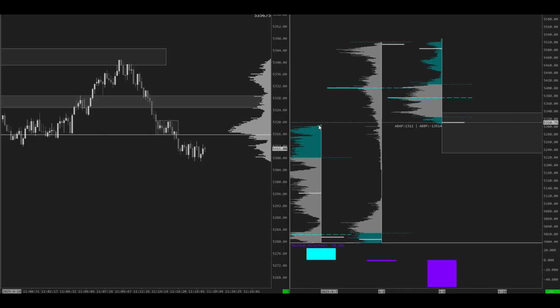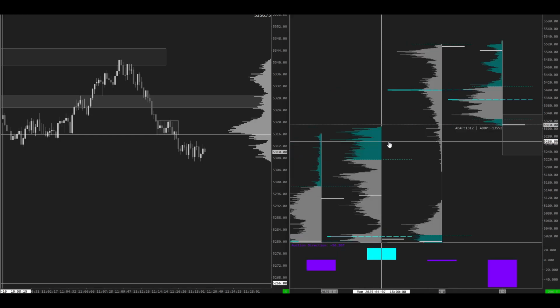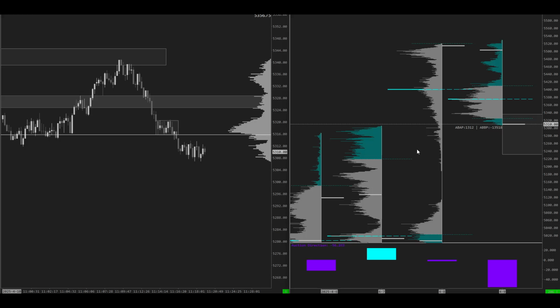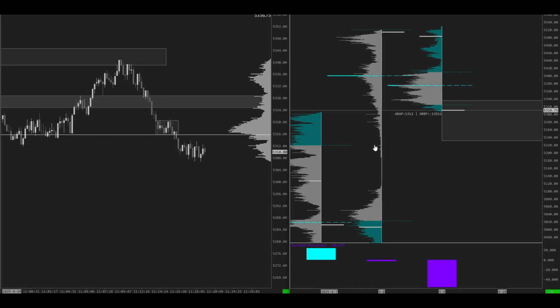And that could be part of the reason it's been struggling so much into the lows. We have these prior session highs where you can get some shorts covering to get out right there, and then you can also get new longs trying to trade it.